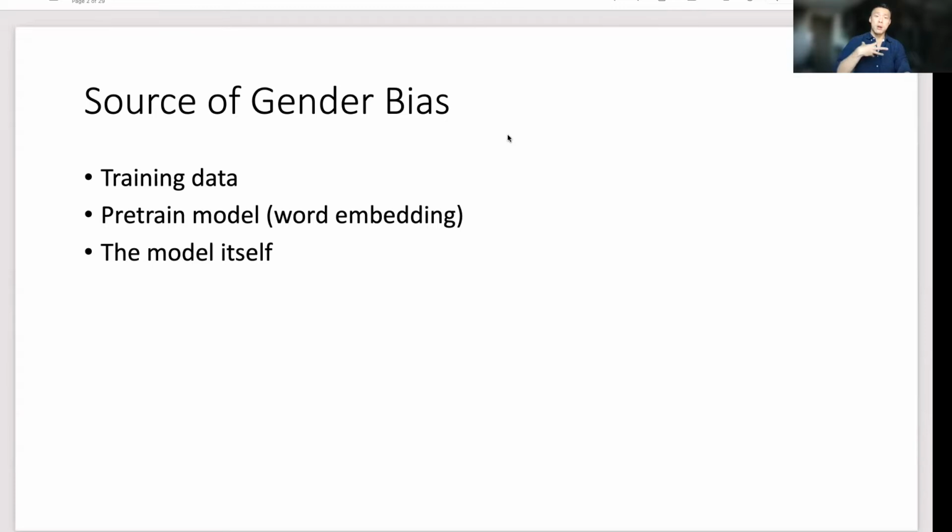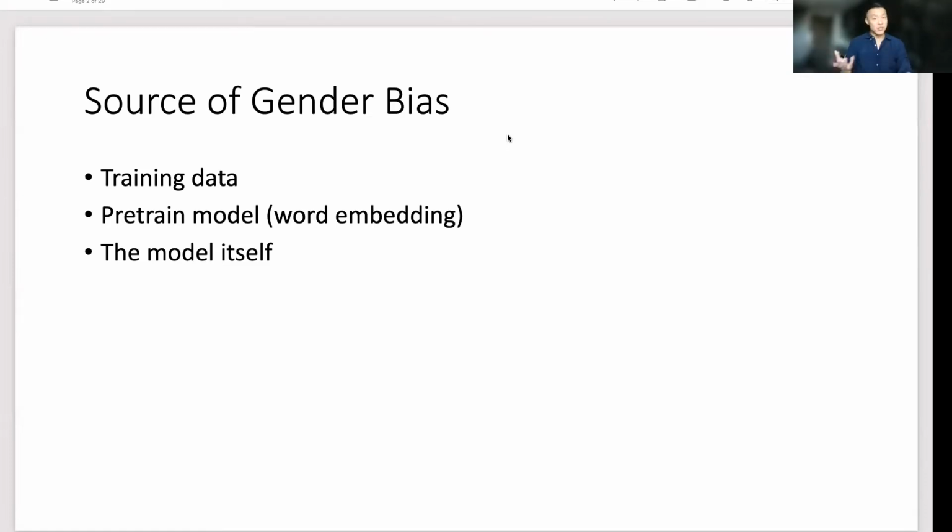So training data, why is it a thing? Because any system is usually a machine learning kind of system, which means we don't teach it specifically what to do. We train the system from the training data.